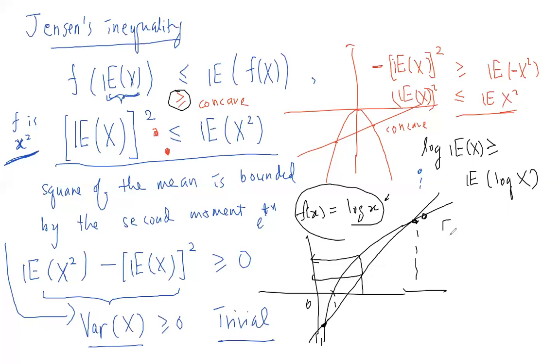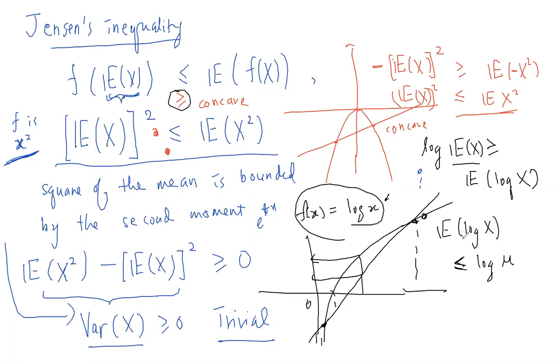In this case, I get an interesting result: the expectation of the random variable log of x is bounded by the log of mu, where mu is the expectation of x. Interesting, right? Just by applying this inequality, you get a bound for some random variable.